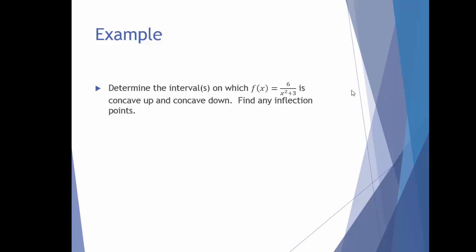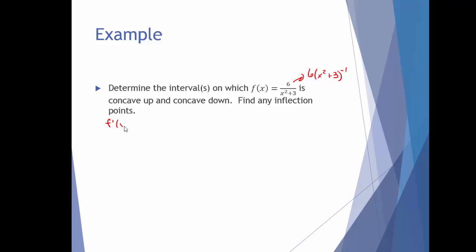So in order to figure out where the curve is concave up and concave down, we need to find the second derivative. You can use the quotient rule on this, it's not incorrect, but I'm actually going to consider this instead to be 6 times (x squared plus 3) to the negative 1, so that I can just apply the power rule. If you use the quotient rule, it's not incorrect.